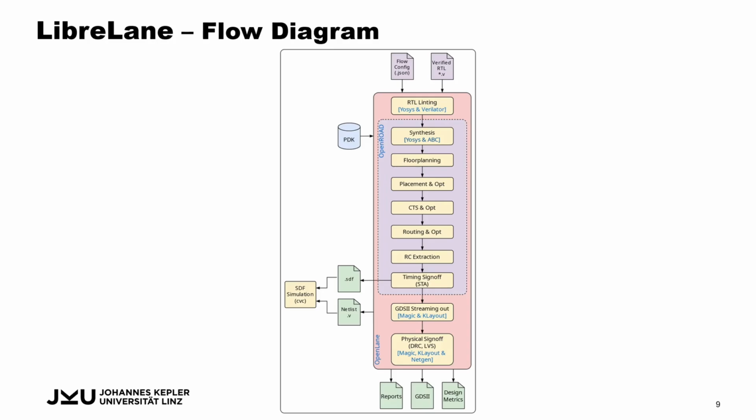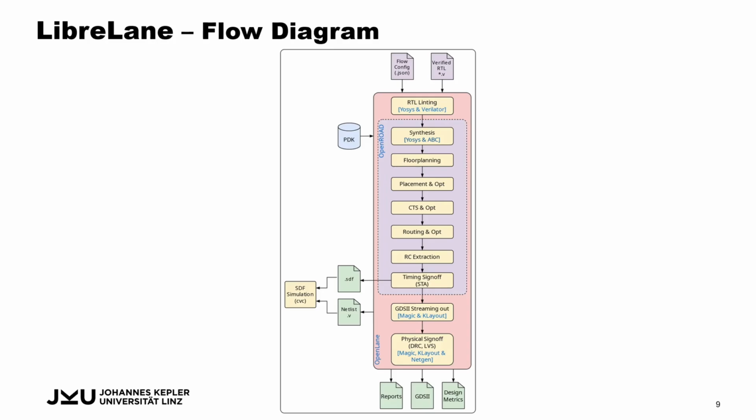So you see, LibreLane is a nice wrapper over a lot of different open source tools. And this also demonstrates the cool and versatile characteristic of open source IC design, or in general open source software. You take the software that's available and build some really nice flows around it.